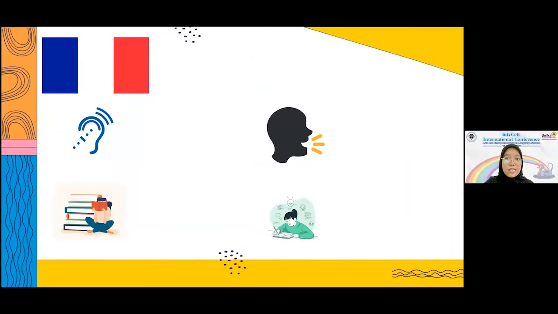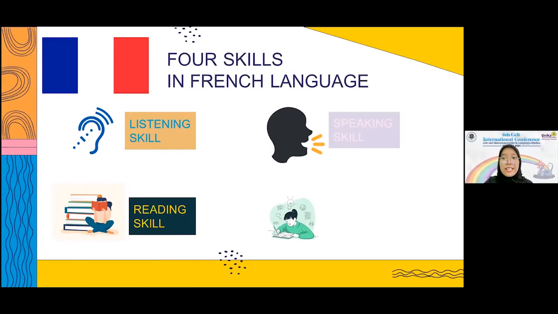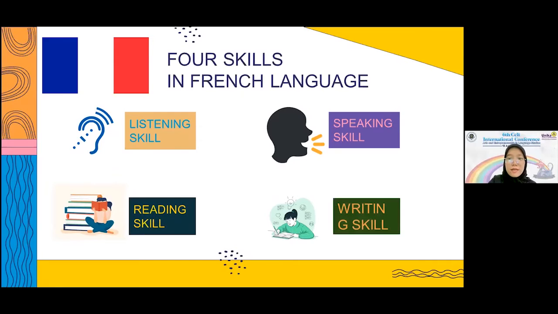And French is taught through 4 competences. The first one is listening skill, then reading skill, then speaking skill, and writing skill, which also have levels from beginner until advanced.